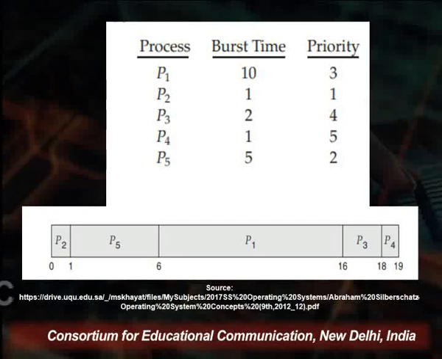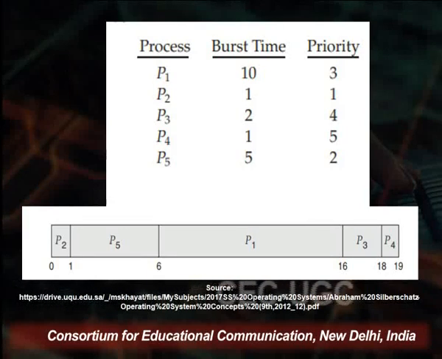Now let us take one more situation, given on the screen with various processes, burst times and priorities. We have 5 processes named P1, P2, P3, P4 and P5. The burst time, that means the CPU requirement in milliseconds, is 10, 1, 2, 1 and 5 respectively.